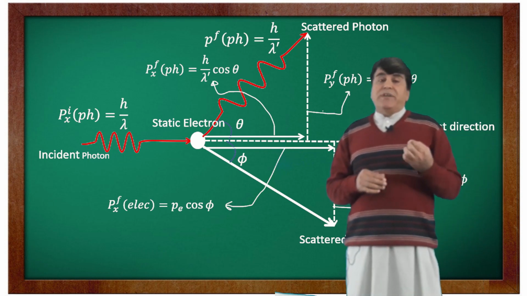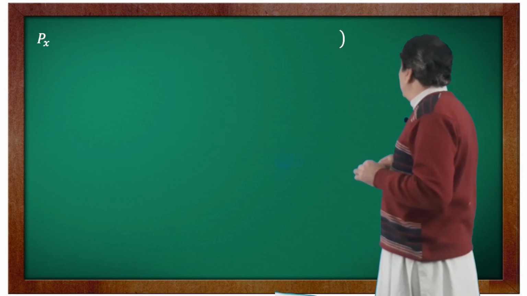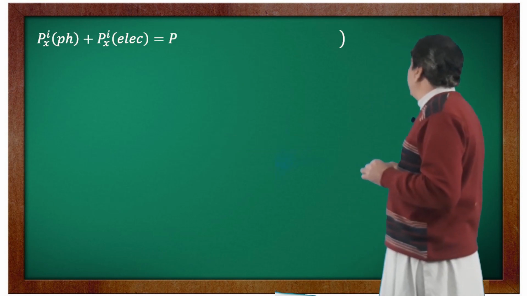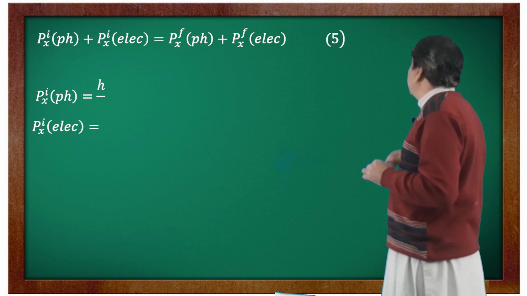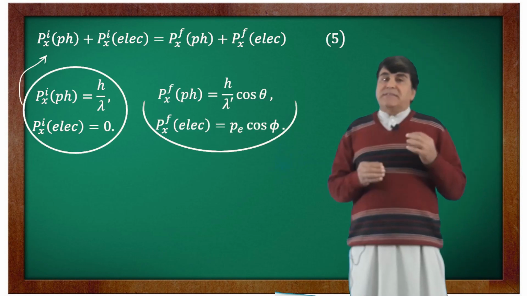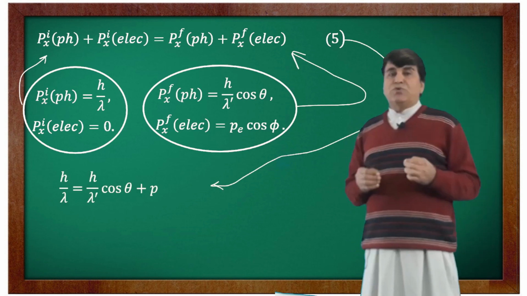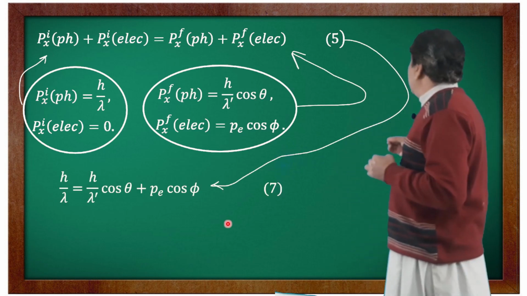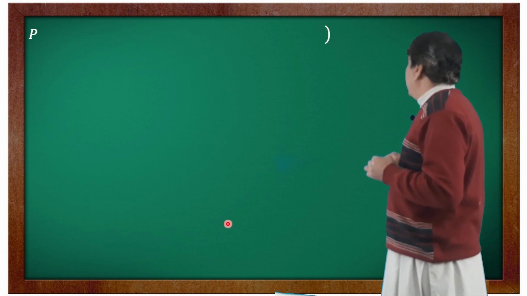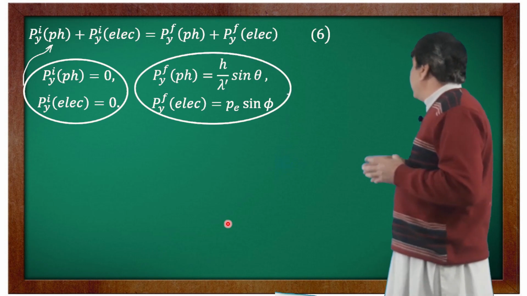Substituting these values into equation 5, we straight away get h divided by lambda equals h divided by lambda prime cos theta plus Pe cos phi. And similarly, substituting these values into equation 6, we can write 0 equals h divided by lambda prime sin theta plus Pe sin phi.